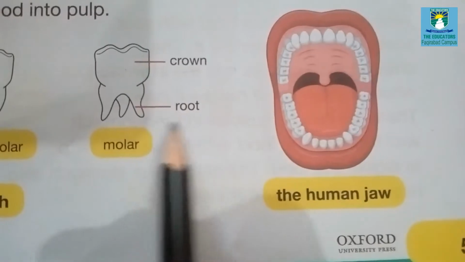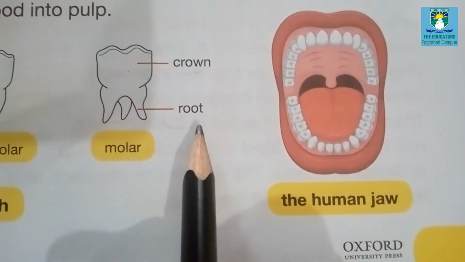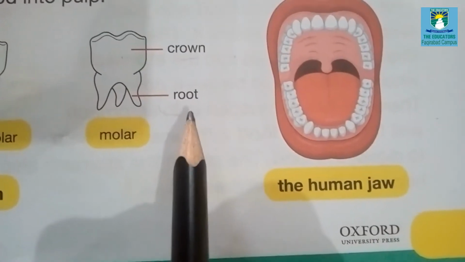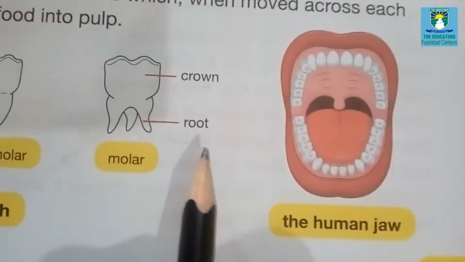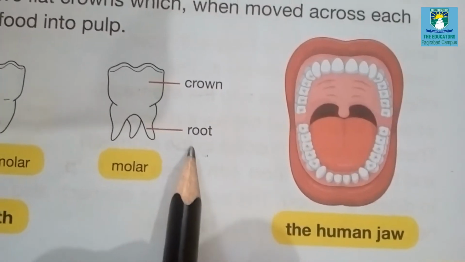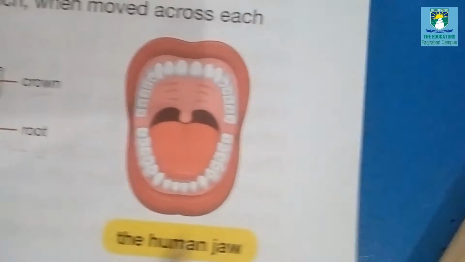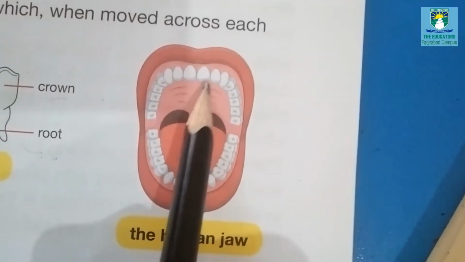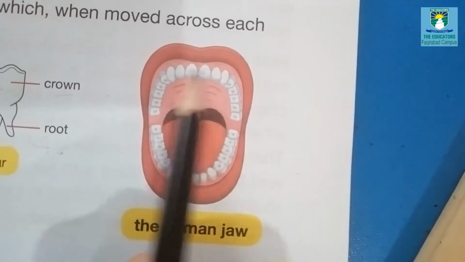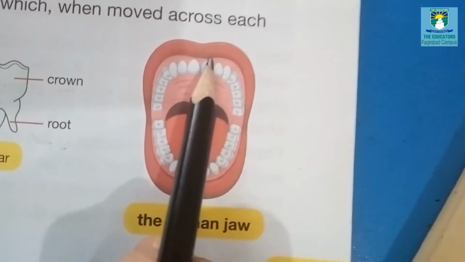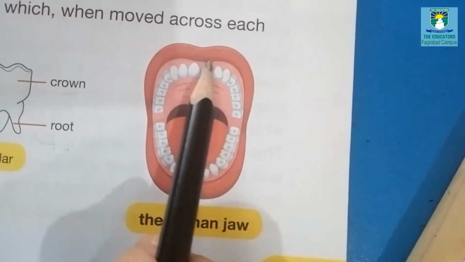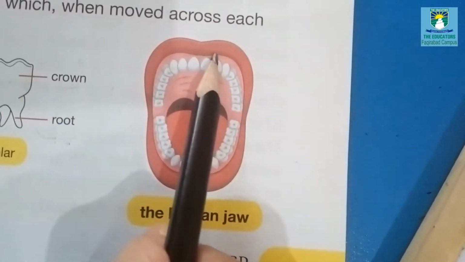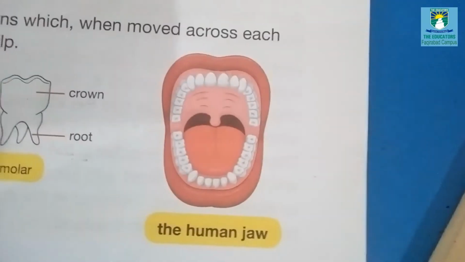The lower part is known as the root, which holds the tooth fixed in its socket in the jawbone. Look at this diagram, the human jaw. The outer portion is the crown and the fixed part is the root. It's fixed with the jaws.